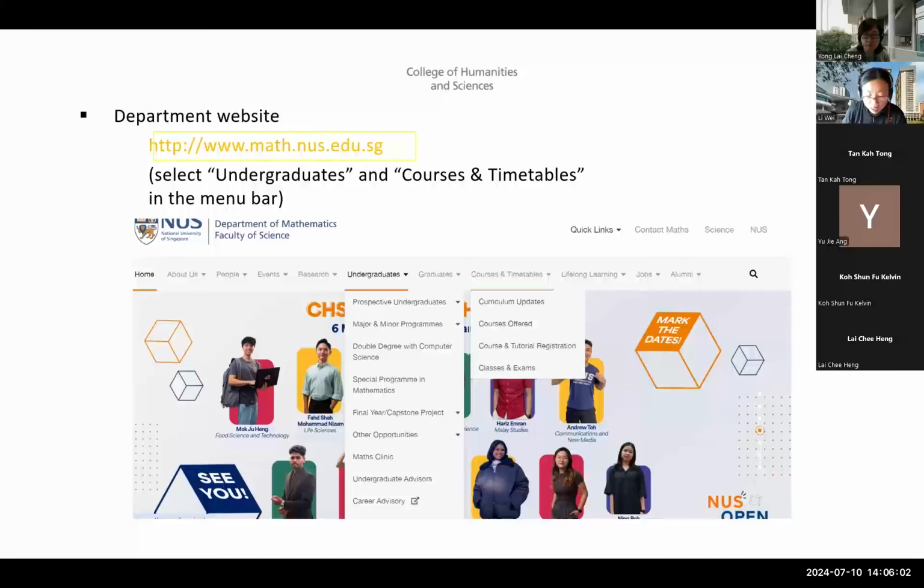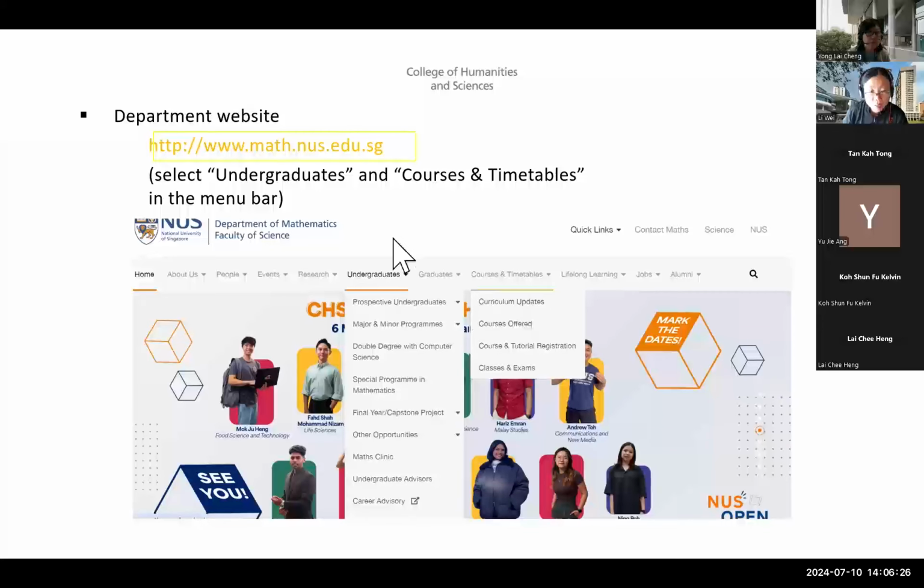But higher level courses at 3,000, 4,000 are mostly offered in one of the 2 semesters each year. So for these higher level courses, it is important to note which of the 2 semesters the courses are offered for you to formulate a study plan for your 4-year study here.